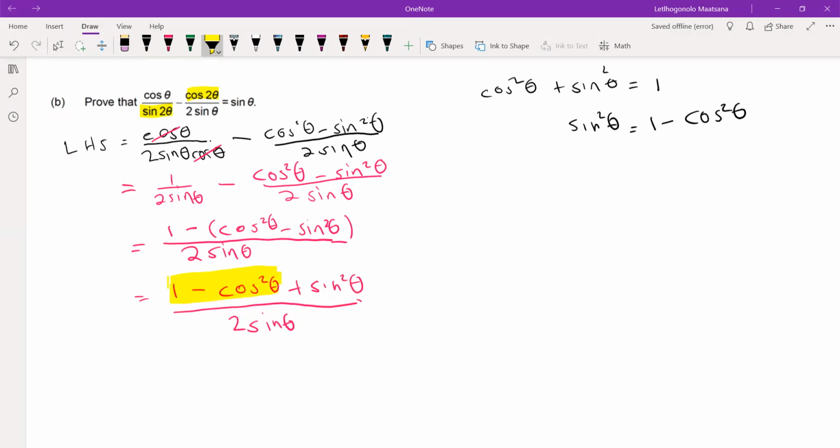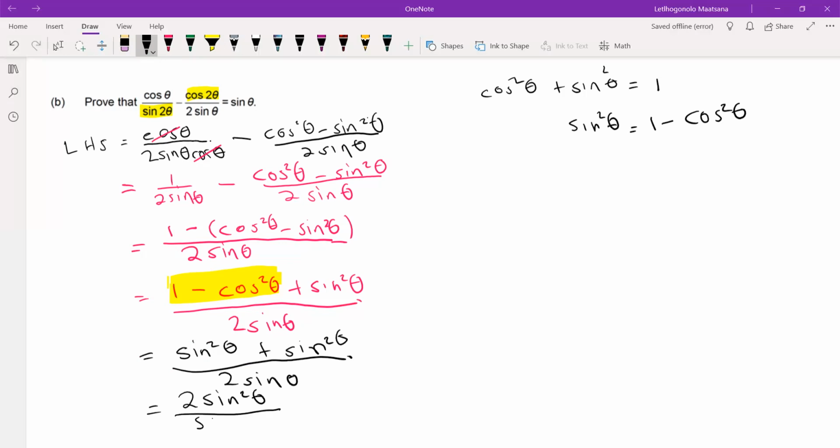So we can replace that with just sine squared theta. We will have sine squared theta plus sine squared theta over 2 sine theta. We will add these two together. We will get 2 sine squared theta over 2 sine theta.